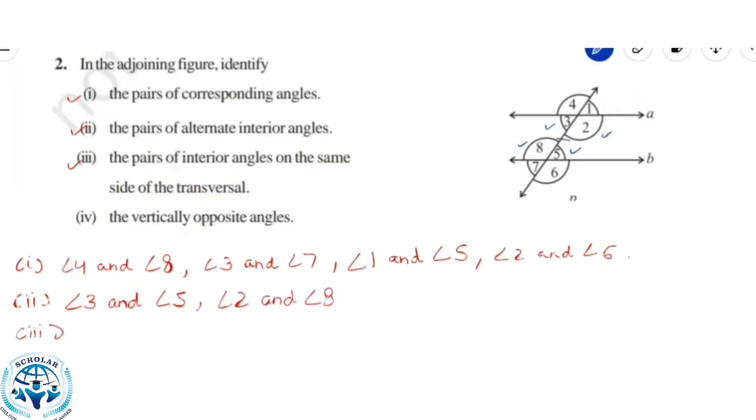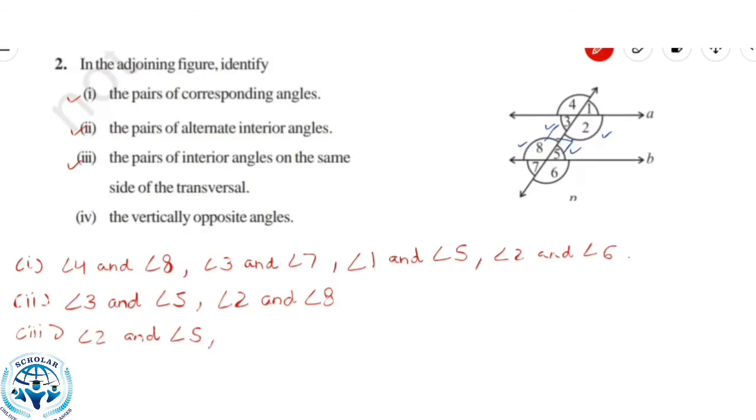Pairs of interior angles on the same side of the transversal. Angle 2 and angle 5. Angle 3 and angle 8.